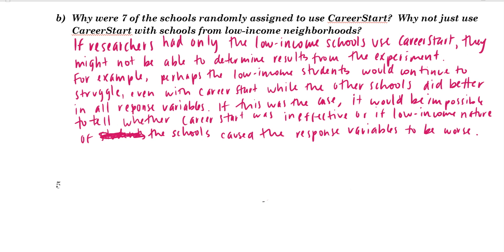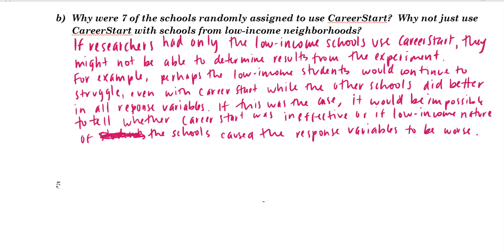In this case, and just in general, if I'm testing a treatment, I want to test it on the same group, if you will. So I don't want to just test my treatment on high and low income. I want to make sure I focus on low income and test this treatment on some low income schools and then give the other low income schools no treatment so that I can actually compare.